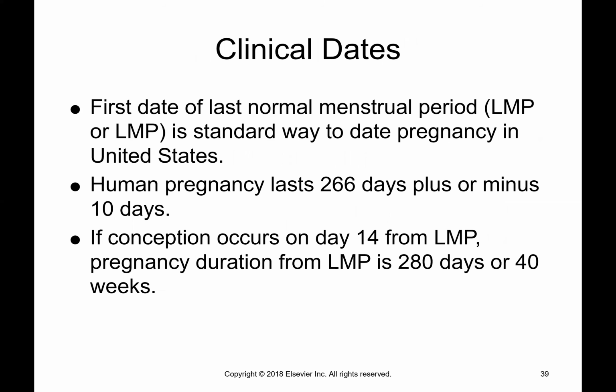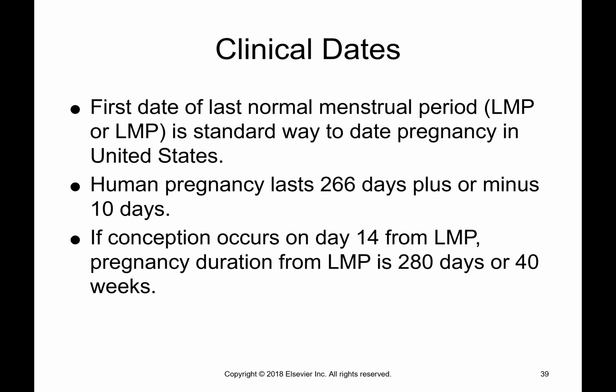You'll also want to calculate the clinical dates. So we'll usually go from the first day of the last normal menstrual period. That's a standard way to date pregnancies in the United States. Human pregnancy lasts 266 days, plus or minus 10 days. So if conception occurs on day 14 from LMP, the pregnancy duration is 280 days, or 40 weeks.